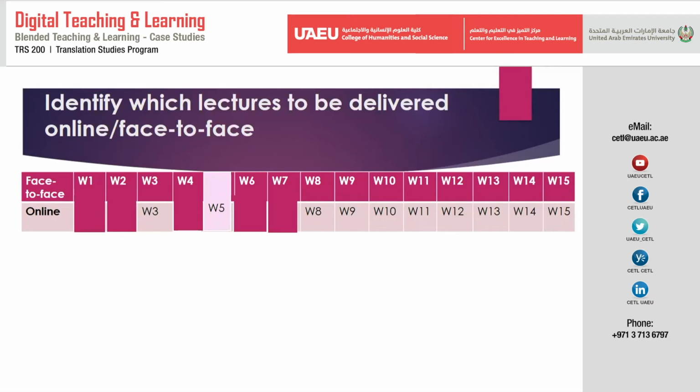This, of course, depends on the topic we are discussing and what I think is better to be discussed either on campus or as an online component. Starting, I think, from week 8 to week 15, you can see that in each week, I was delivering one class face-to-face and the second class online.